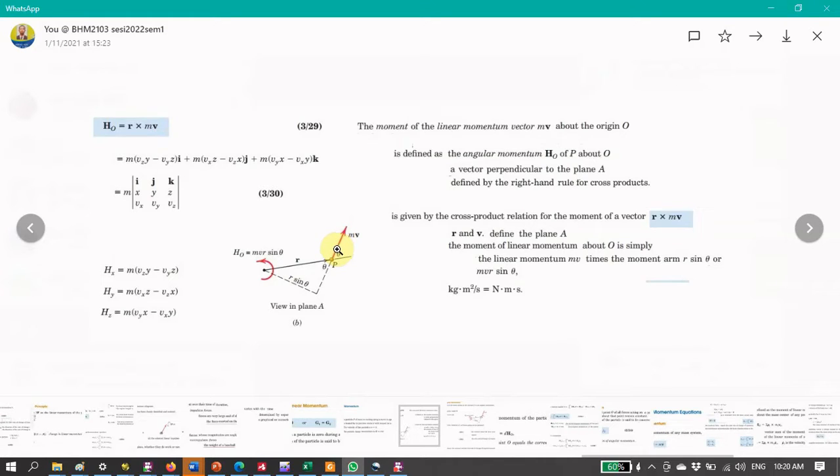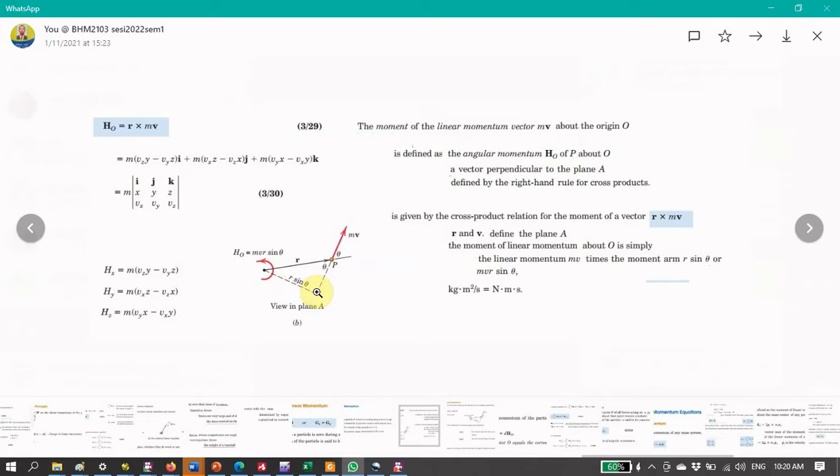Actually, it's the moment of the linear momentum G about the origin. So we need to identify the origin, because this value is also a vector quantity, right? So the first step when we try to solve the problem is to identify the coordinate system, right?